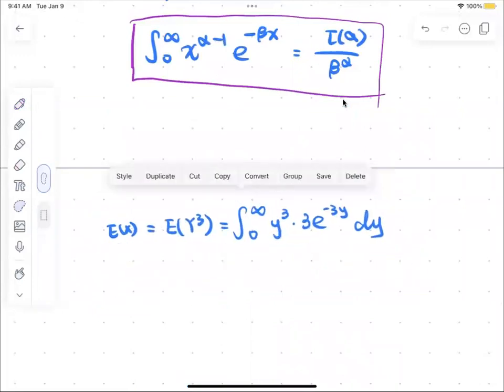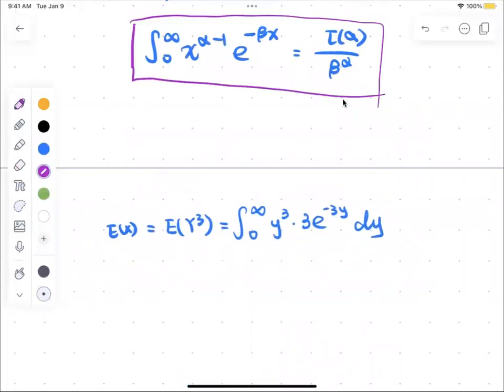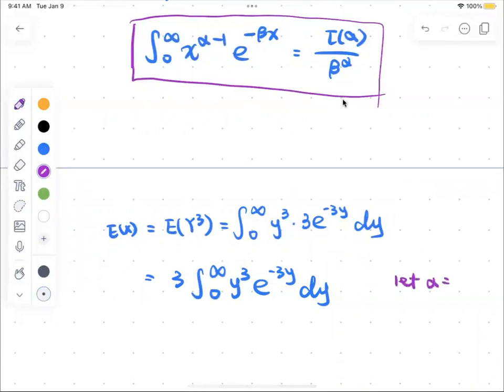This integral is equal to 3 times the integral from 0 to infinity of Y to the power of 3 and e to the power of negative 3Y. I'm going to let alpha equal 4 and beta equal 3.